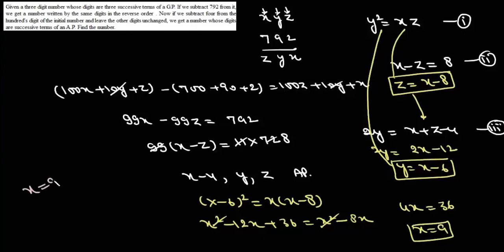The value of x is 9. Now if we put x as 9, we'll get y as 9 minus 6. So y will be 3 and z is 9 minus 8. So z is 1. So this number will be 931. And that is the answer to this question.